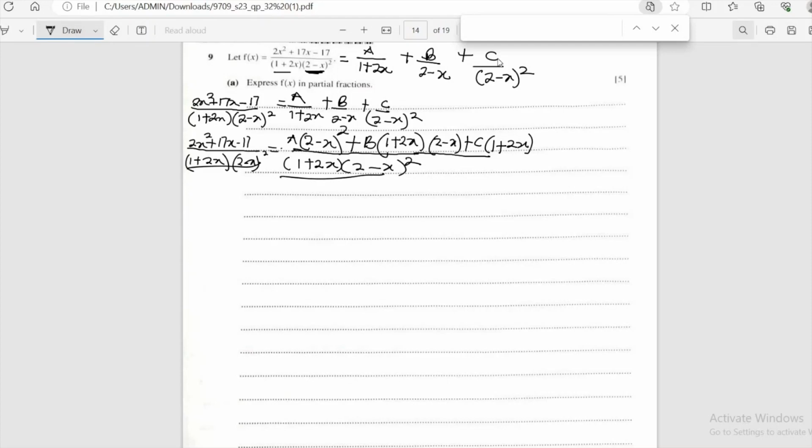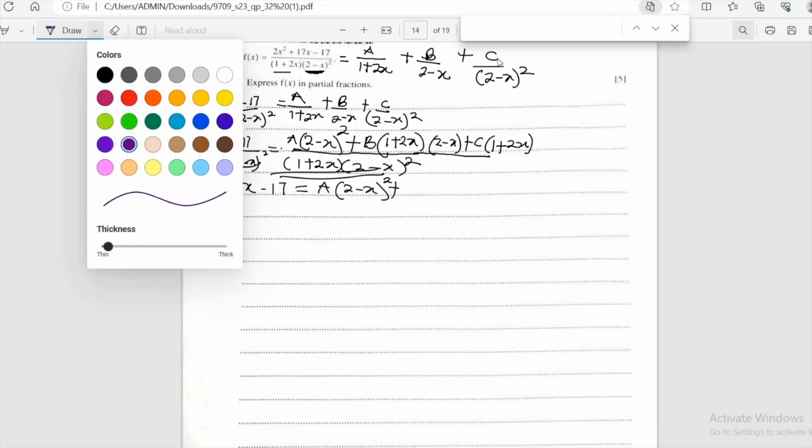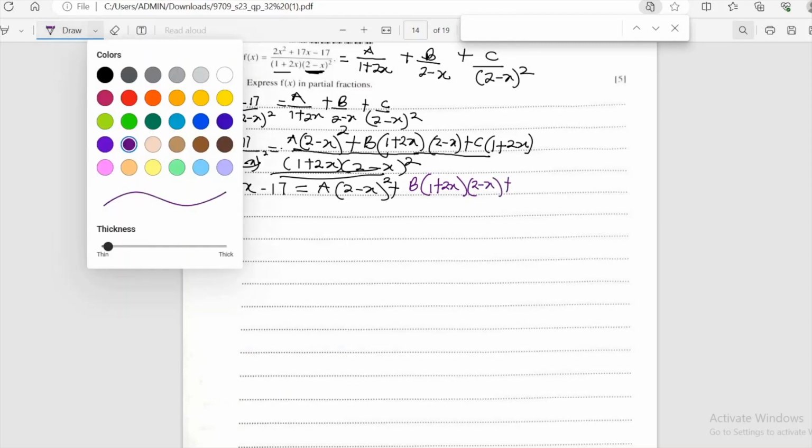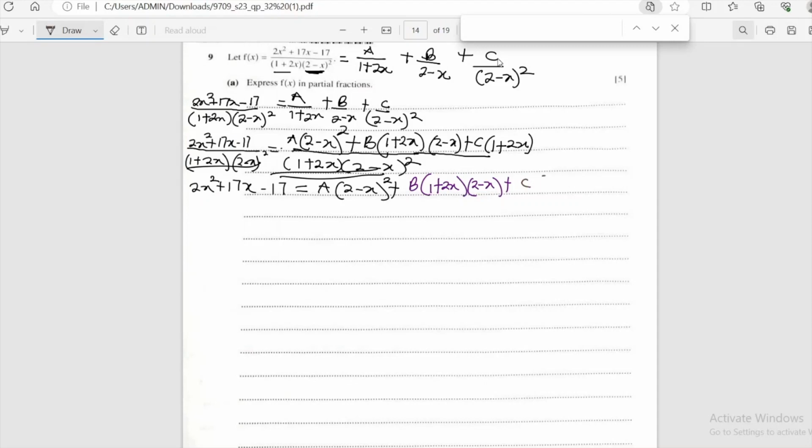This denominator and this denominator are the same thing, so you cancel them. We are left with 2x squared plus 17x minus 17 equals A bracket 2 minus x all squared, plus, I'll use a different color so you know where I'm going, for B, B times 1 plus 2x, 2 minus x, plus C times 1 plus 2x.